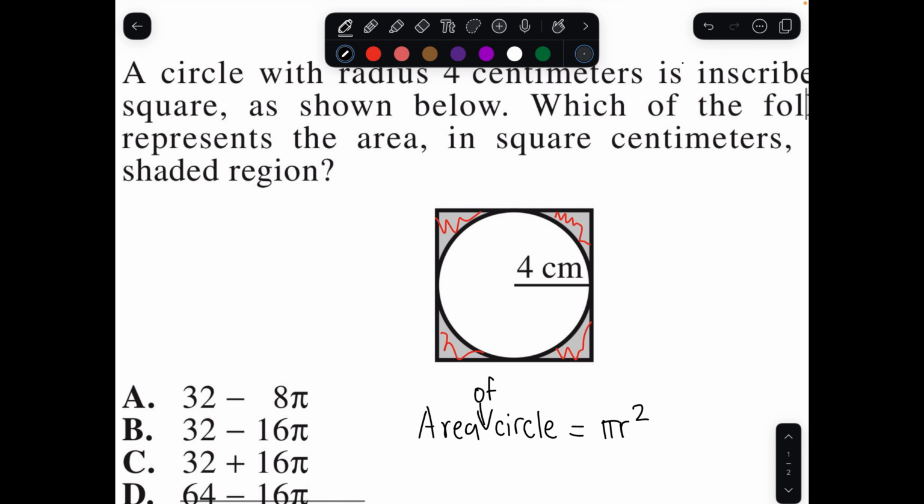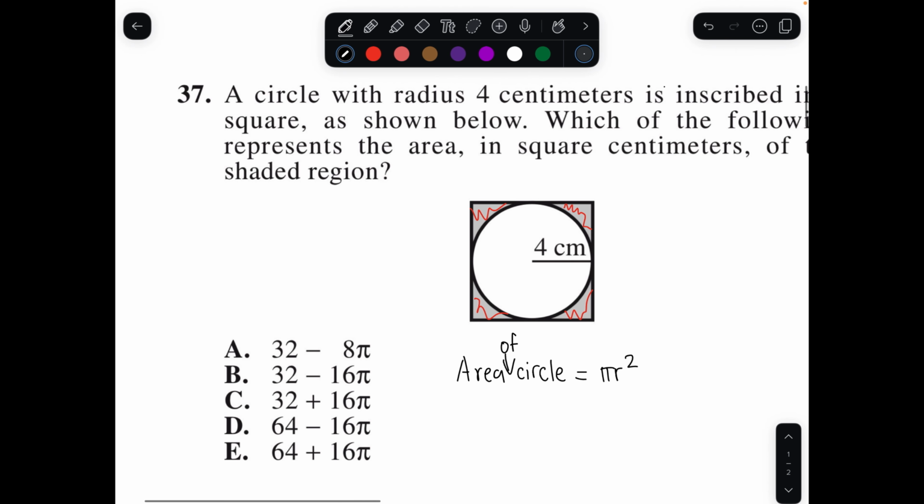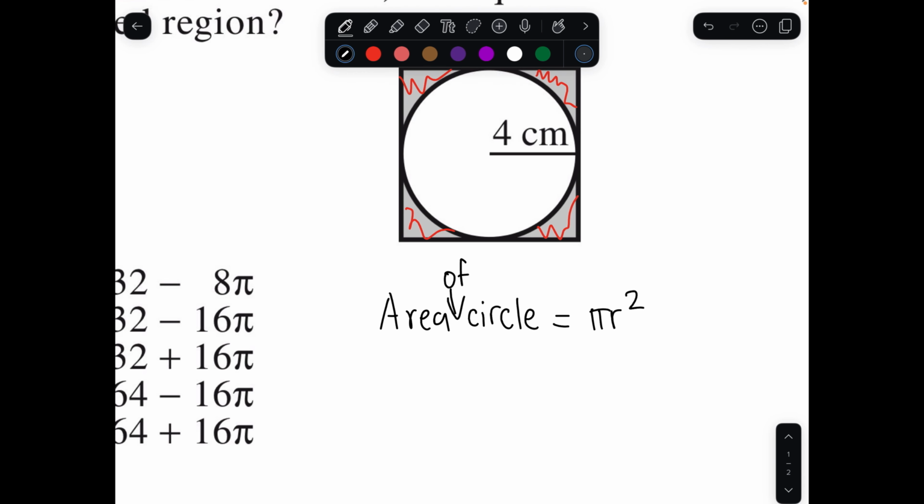In this case, it's given that the radius of the circle is 4 centimeters. So to find the area, it's going to be pi 4 squared. 16 pi is the area of the circle.